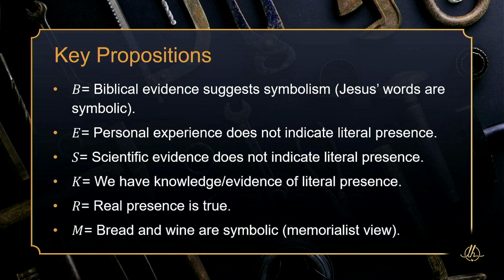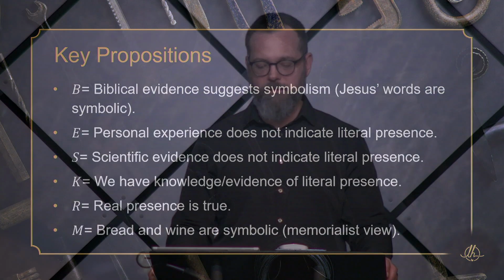So they came out with these symbols: B, E, S, K, R, M. B stands for biblical evidence. E stands for personal experience. S is scientific evidence. K is knowledge of literal presence, or real presence. R is real presence is true. And M is memorialism, the idea that the bread and the wine are symbolic. So these are the different symbols that we're going to use.